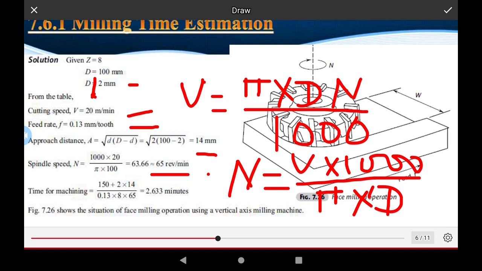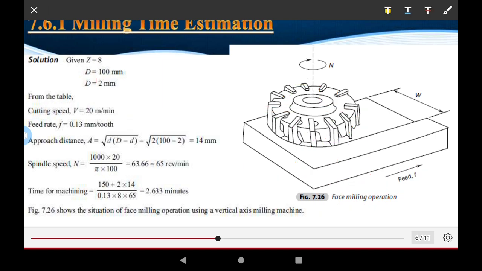Now we find the time estimation, the machining time.